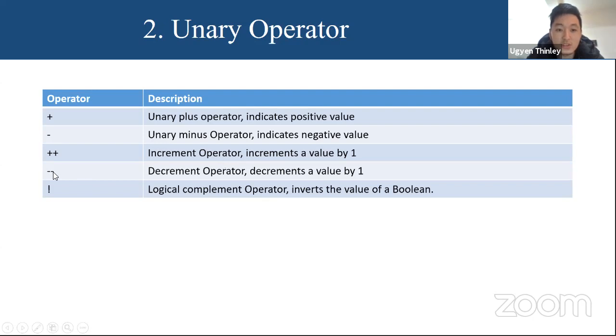Minus minus means you decrement a value by 1. When you see this exclamation mark, it usually inverts a boolean. For example, if you have a true condition and you put this exclamation mark before it, it inverts that boolean value, which will result in false.